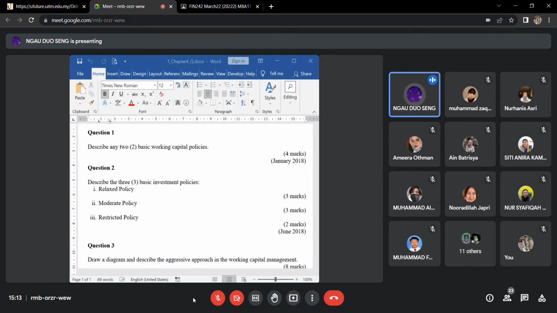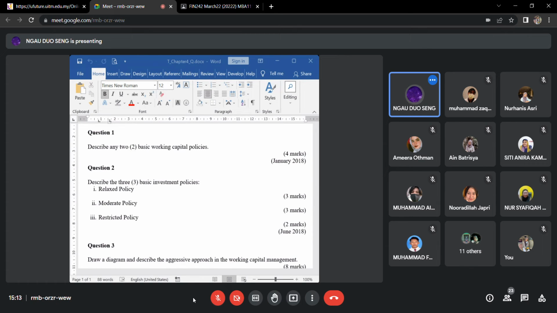Then kalau you tak nak choose this one, another one is what? Moderate policy, which is mixtures of relaxed and restricted policies. Moderate risk and return, maintain liquidity, right? Invest in productive asset and at the same time hold sufficient current asset. Okay, so this one is question 1.